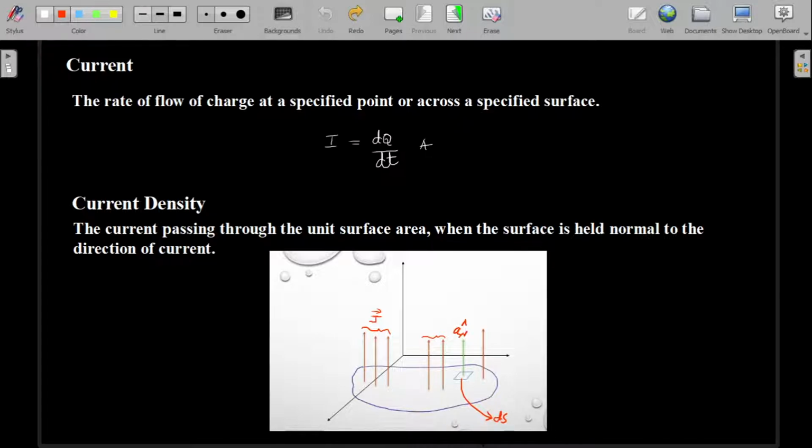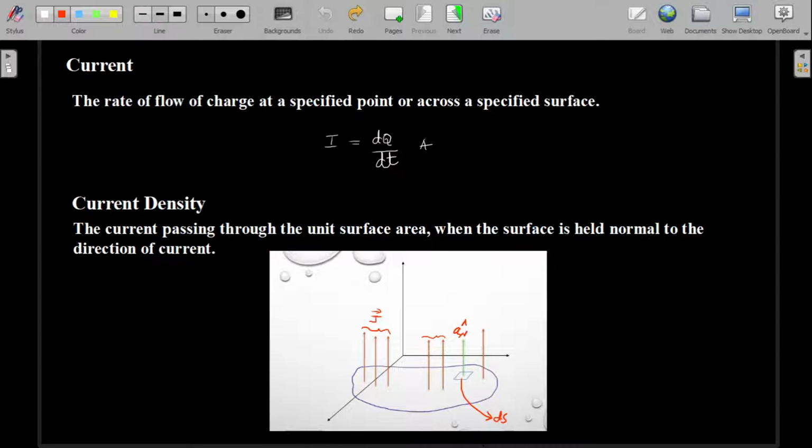So current can be measured by measuring how many charges pass through a specified surface or a point in a second. We measure it for a second because the second is treated as the SI unit of time.